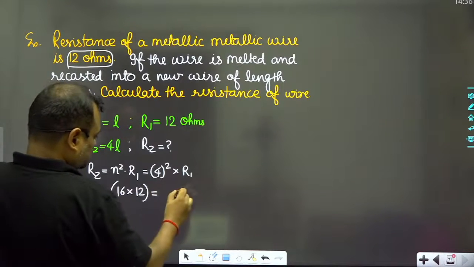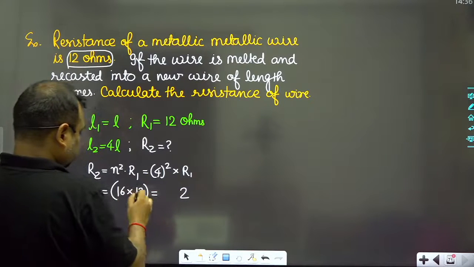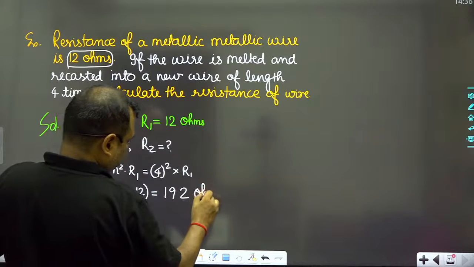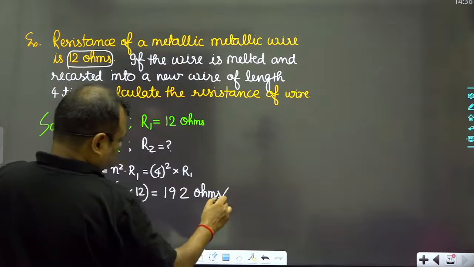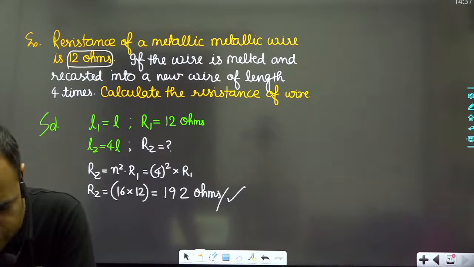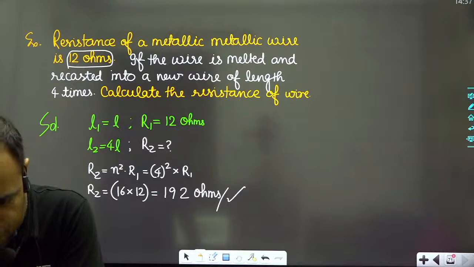So 16 times 12, 16 into 12, is 192 ohms. So this will be the correct answer. Please write it down and note it in your notes.